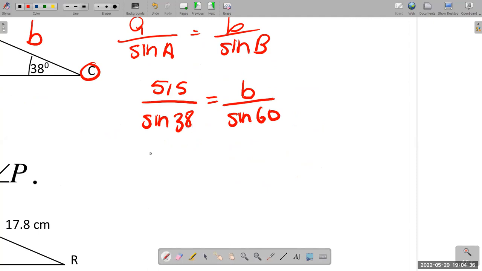So people with calculators, there we go. So that's 515 divided by what? Calculator people, let's go. And everybody should really have a calculator out, huh? So somebody says 0.6156. Good. What is sine 60?